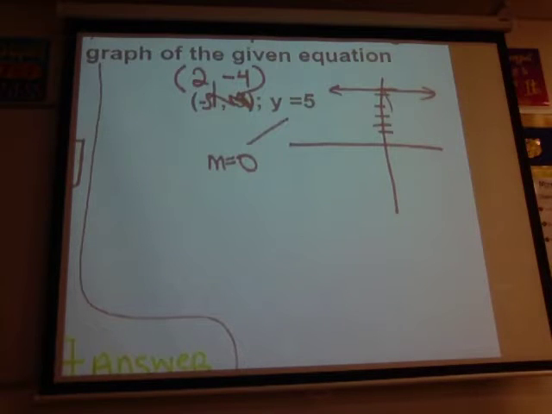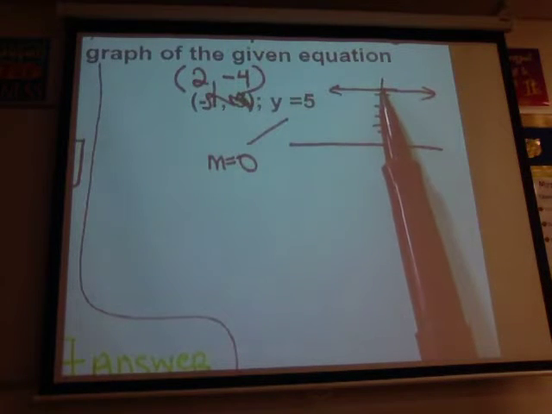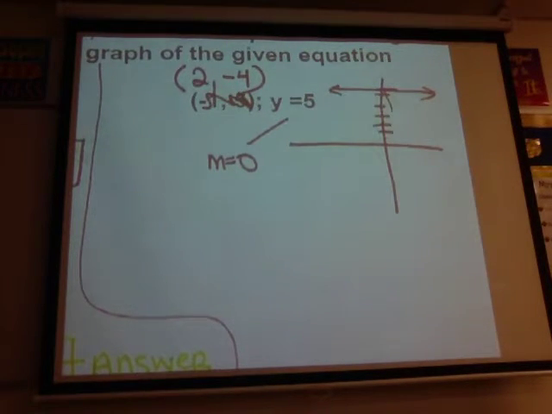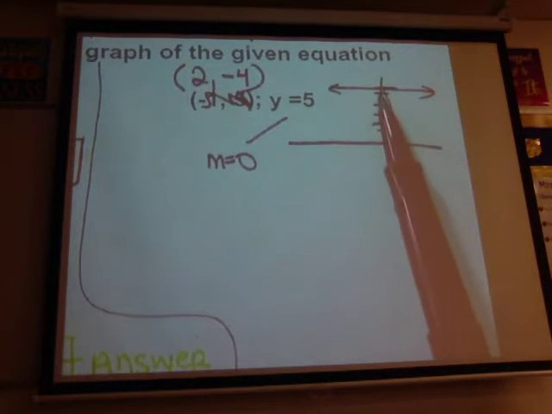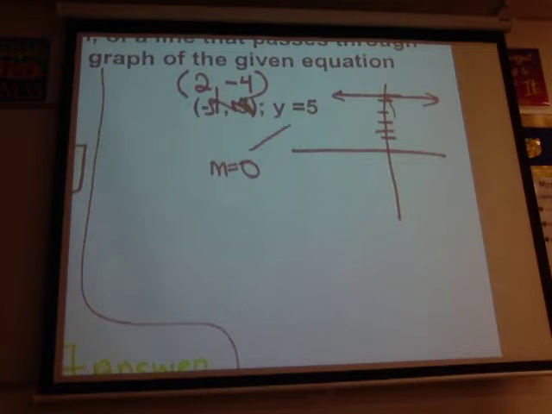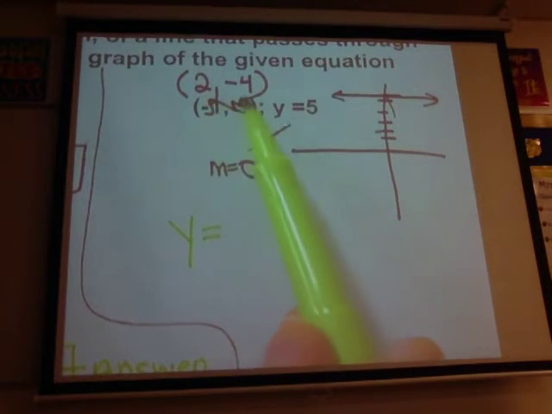So if I want a parallel line, is it going to go through the y or the x-axis? I want parallel to y equals 5, so it's going to go through the y value. Is my slope going to change? No, because it's parallel, so I'm still going to have a 0 slope. What's my y value in this ordered pair?